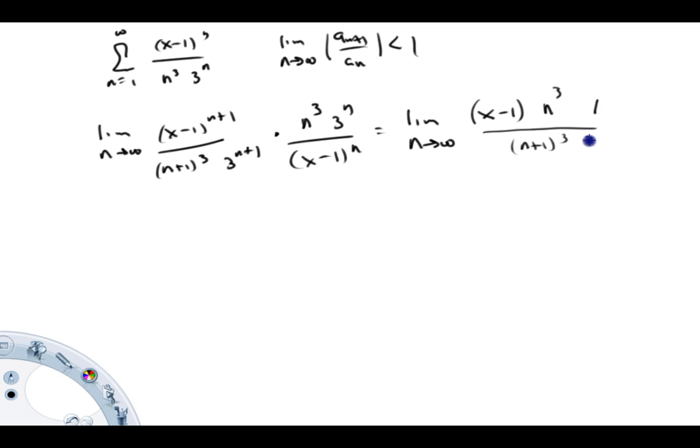That's going to give us a 1/3. Alright, now we take the limit as n goes to infinity. This ratio here is 1. This is a 1/3. So what we're going to have is (x minus 1) over 3 when n goes to infinity. And for convergence, this limit has to be bound between minus 1 and 1.